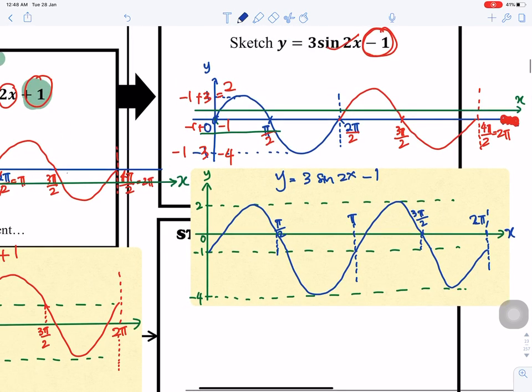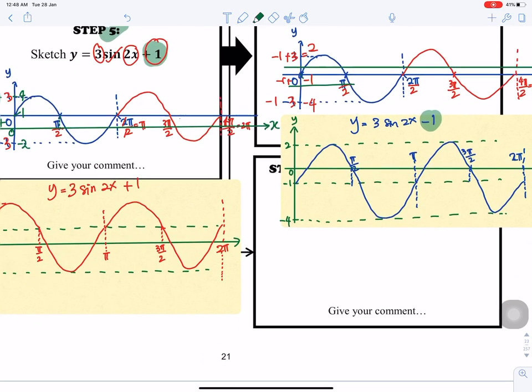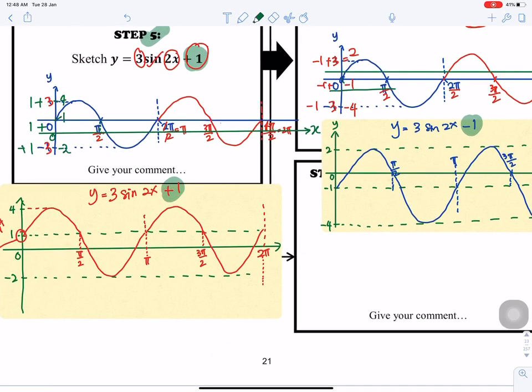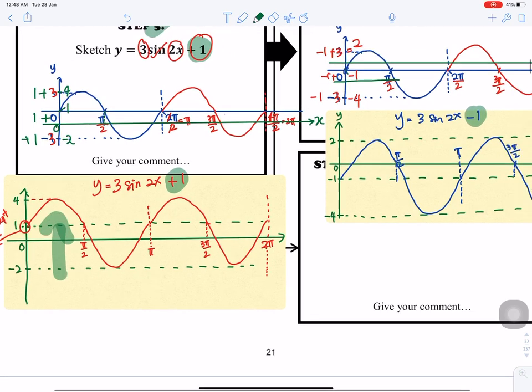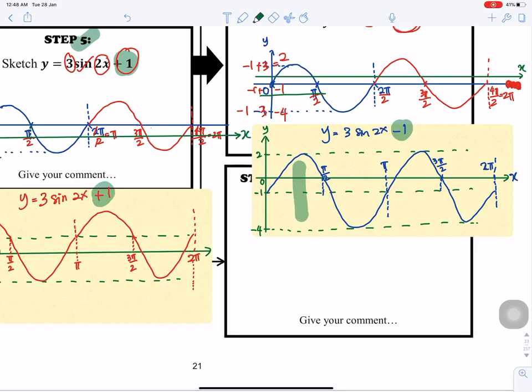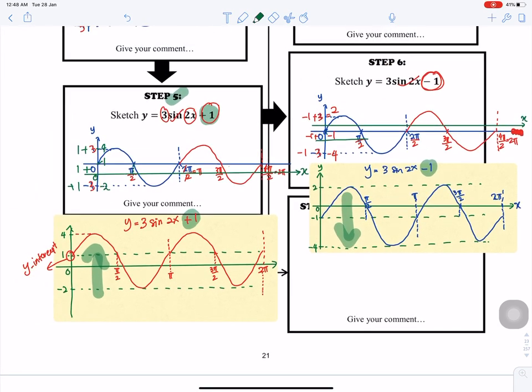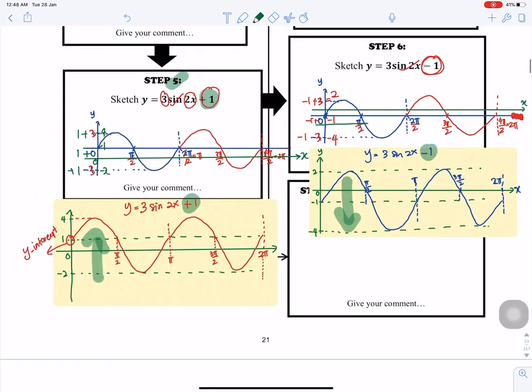Again, -1 means all the graph goes down, and +1 means the graph goes up, and here going down. Okay, thank you.